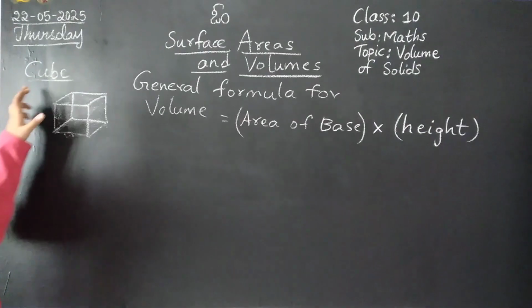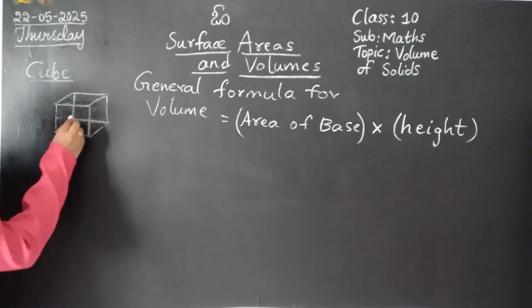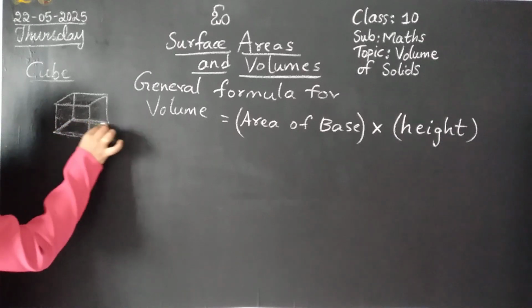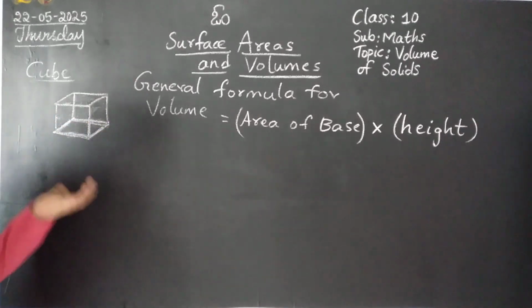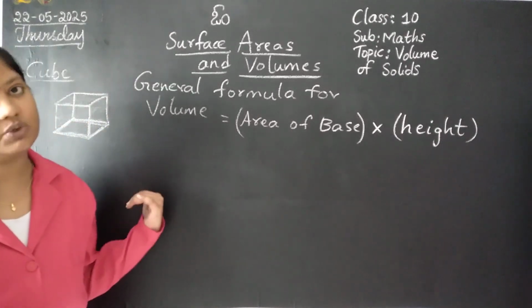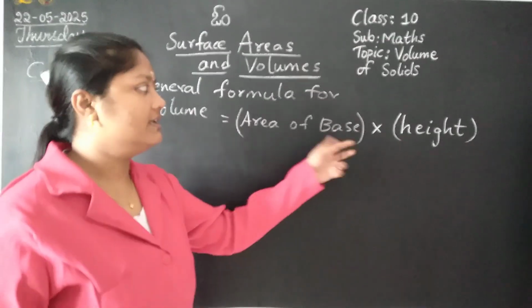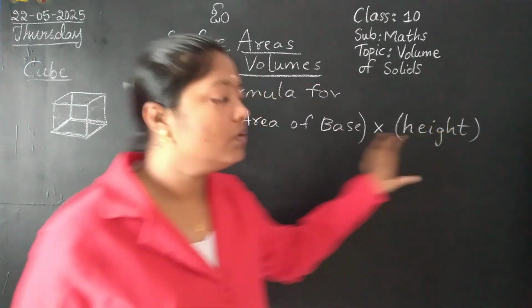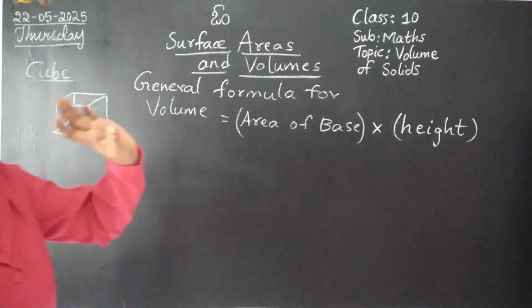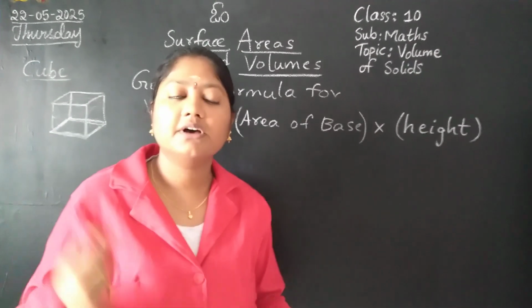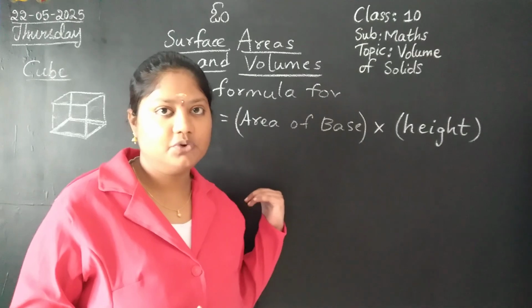For example, if you see here the cube, what is the base of this cube? Means the down part. What is the shape of the cube in the bottom? It is a square. So the area of the base into height. As this is the cube, the base shape is a square.